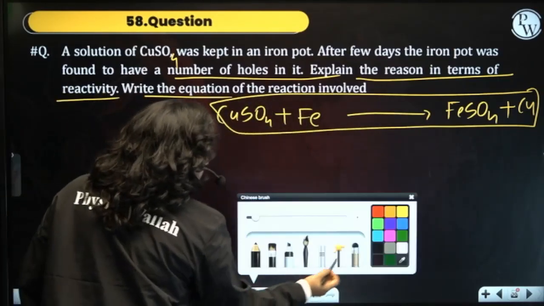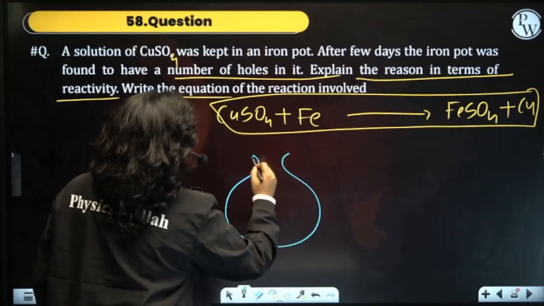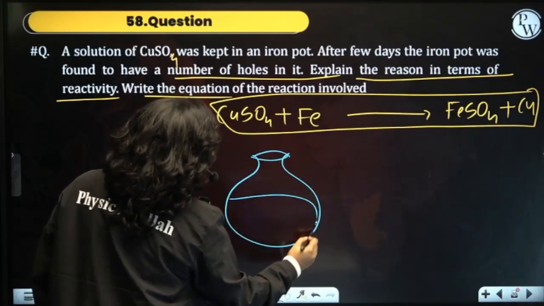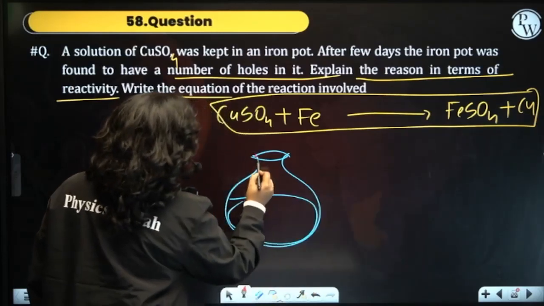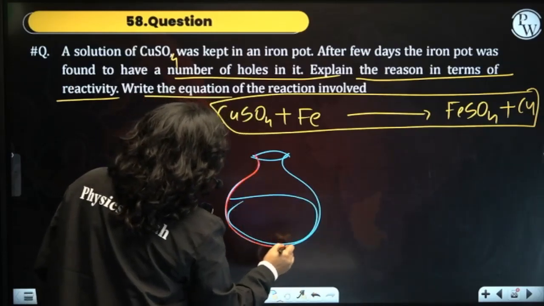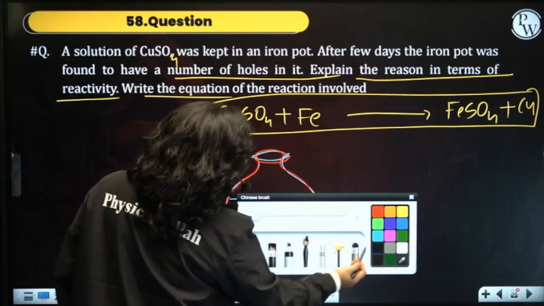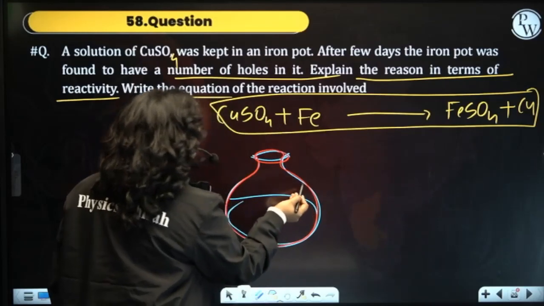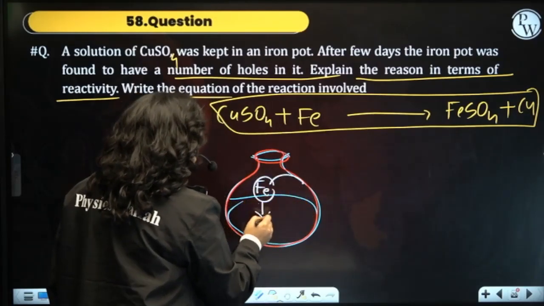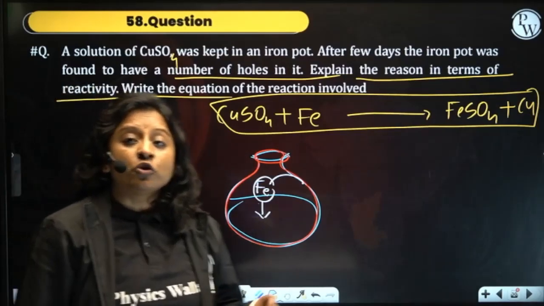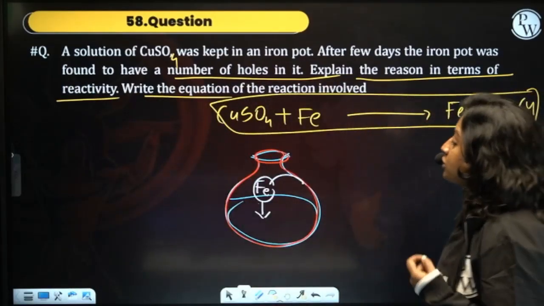So from the pot, Fe is getting into the solution. That's why you observe minor pores on the pot.